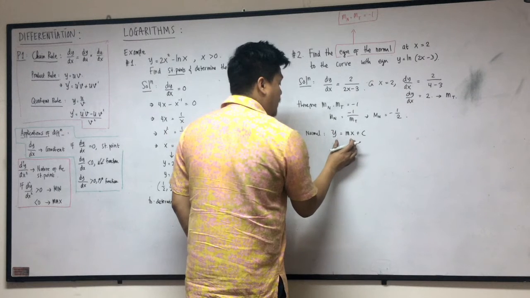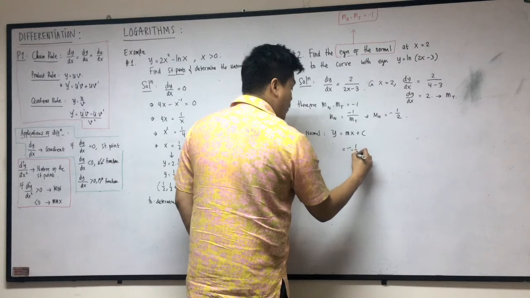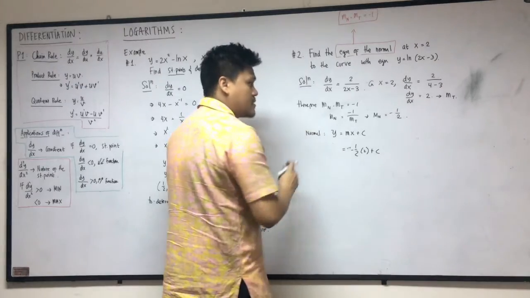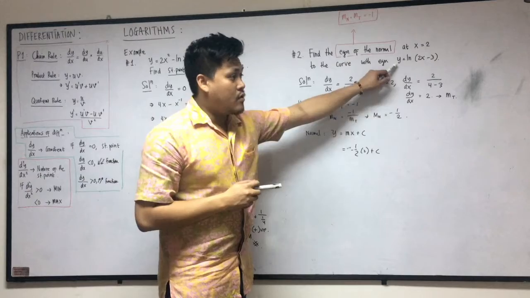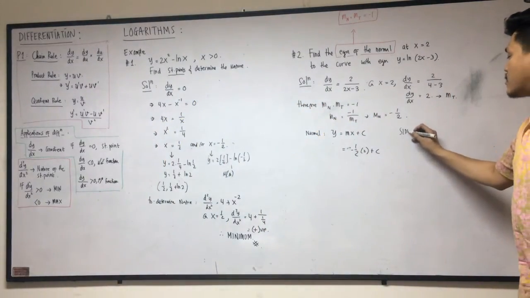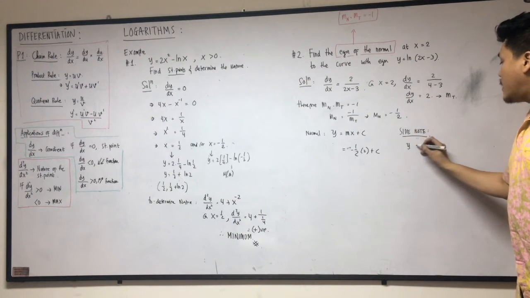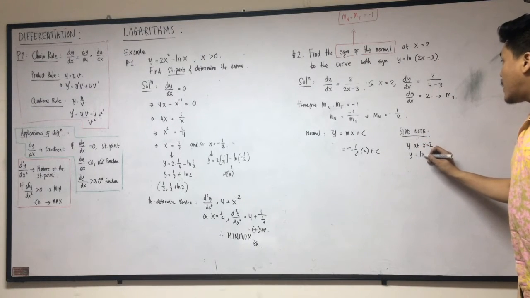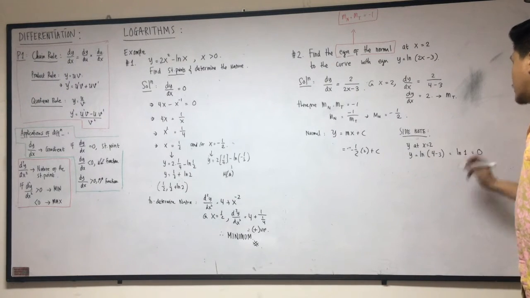We know that m is minus half. We know that x equals 2, but we don't know what y is. But you can always use the value of y here. So when you use the value of y here, you have to put a side note. y at x equals 2 is ln 4 minus 3, ln 1, which is 0.